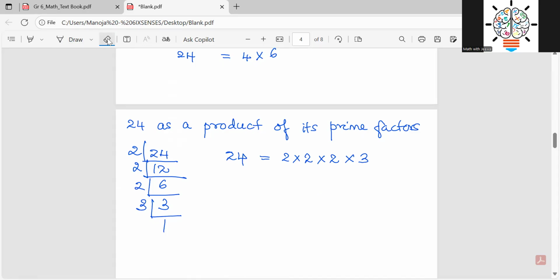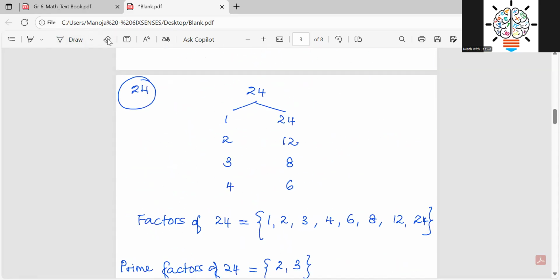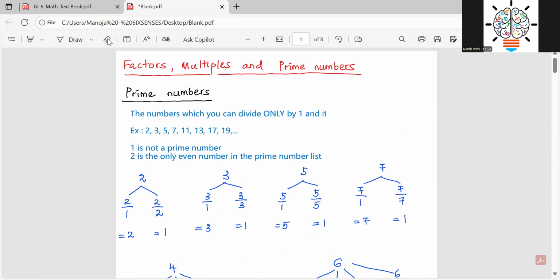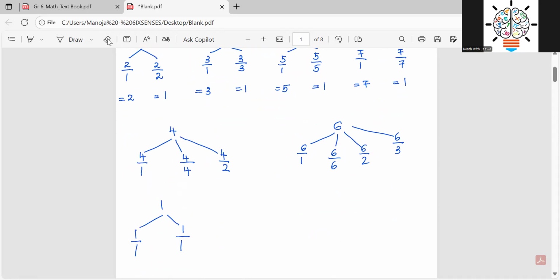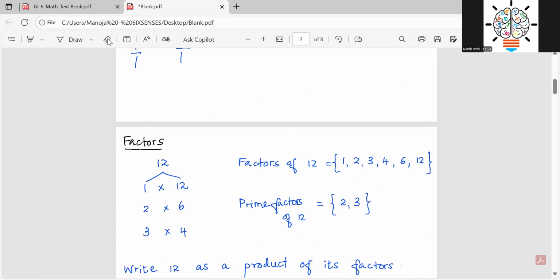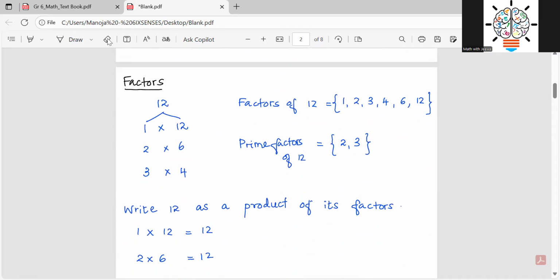So here we discussed a few areas. First we discussed what prime numbers and composite numbers are. Why one is not a prime number, and why 2 is the only even number in the prime number list. I showed you how they become prime numbers, and how they don't. And then we discussed the factors.